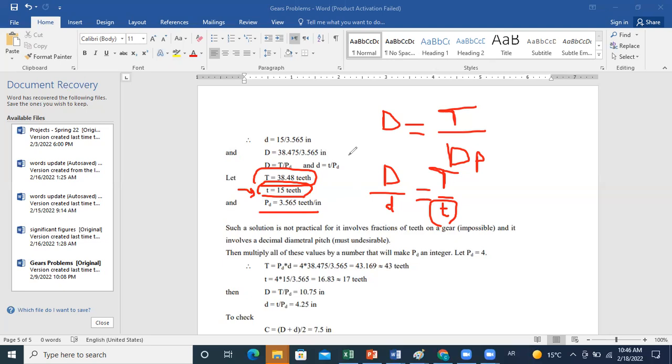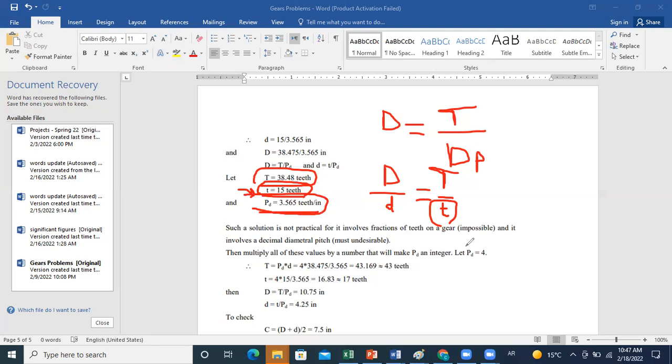We should not have fractions of teeth on a gear, because it's impossible, and the number of teeth should be an integer. Also we should have an integer diametral pitch. So we can say that the closest integer value for a diametral pitch compared to 3.565 is 4.